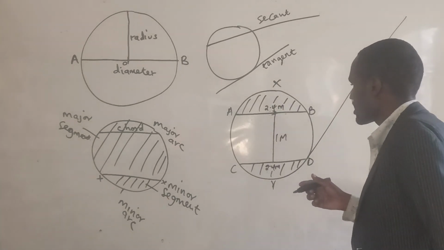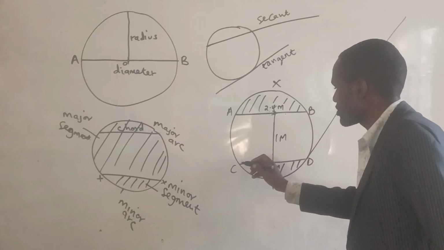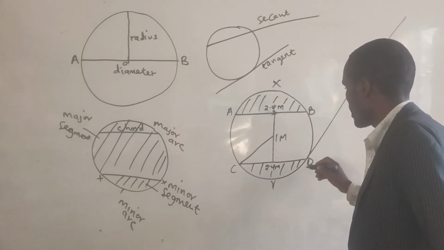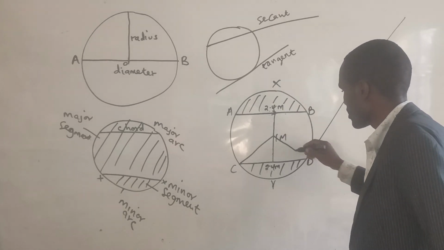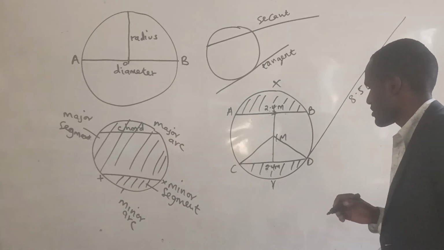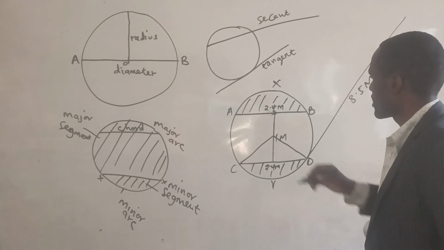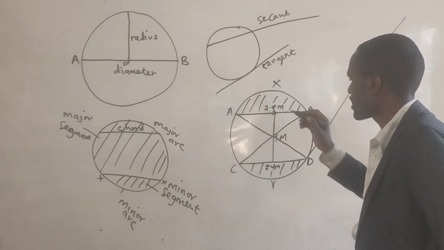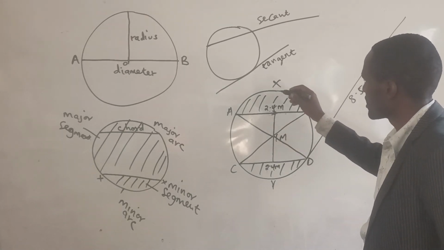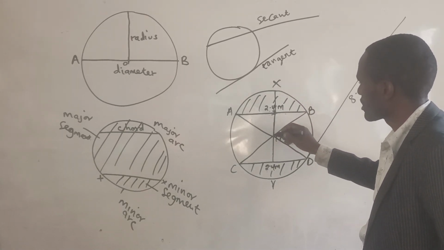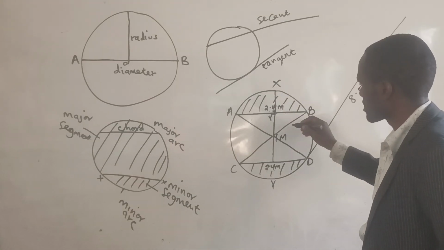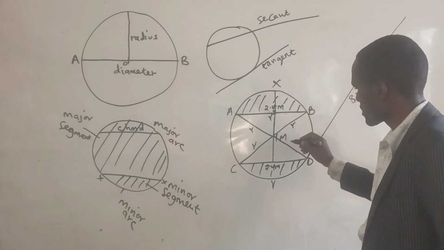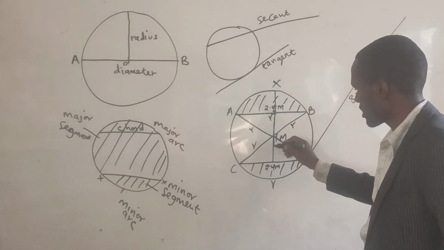So how then do we get the radius of this circle? We are going to make a drawing from this end to this end, and from this end as well to this end. We can also do this end to this end, and this end to this end. And I know very well the distance from here up to here is r, which is the same as this, the same as this, and the same as this whole distance.